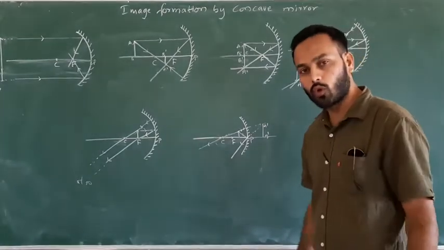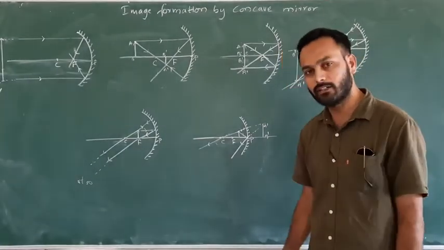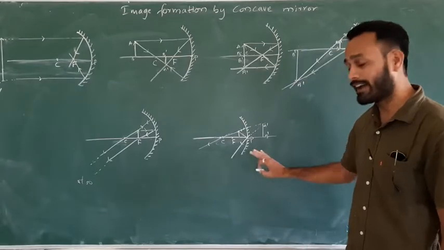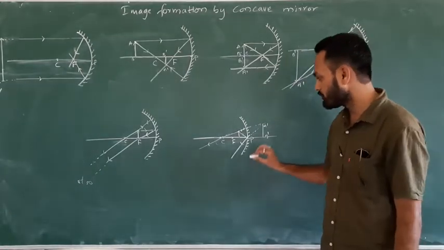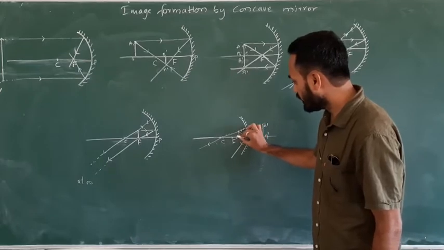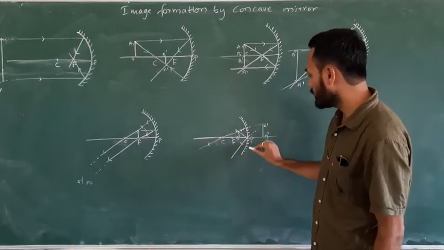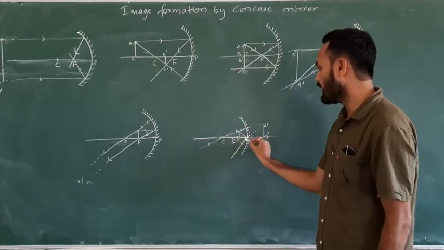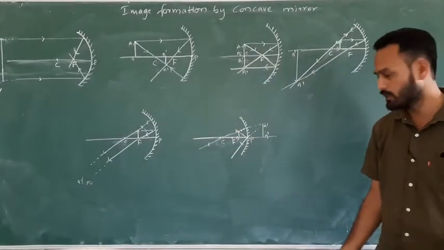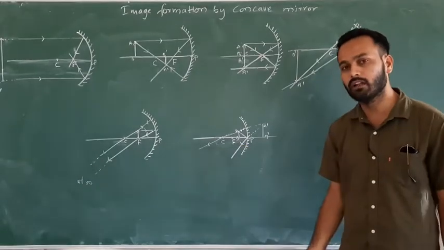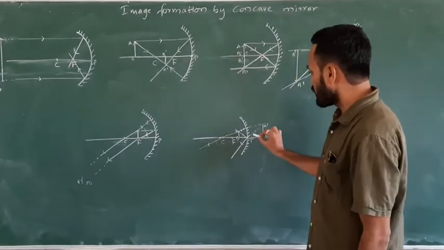Now you are going to observe something different here, that is for the final position of the object. You could see in this ray diagram, AB is the object placed between pole and principal focus. Where is the object placed? Between pole and the principal focus.